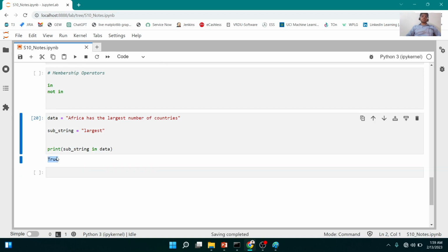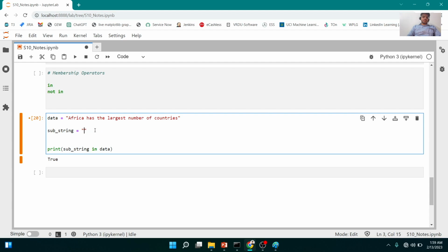So you get true. But if I say highest, I am looking if highest in data, I'm making a statement that highest is present in data, that's false, right?